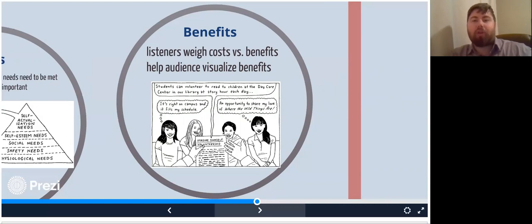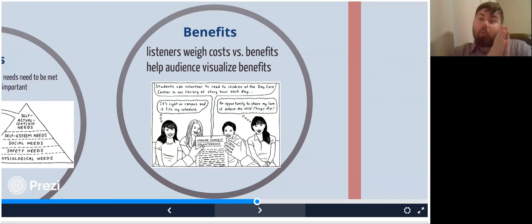So pretty much what you're trying to do is figure out what the costs are and what the benefits are. For example, most people would go out to the store to get groceries, but they're probably not going to go out socially to eat dinner with their friends like they usually do.